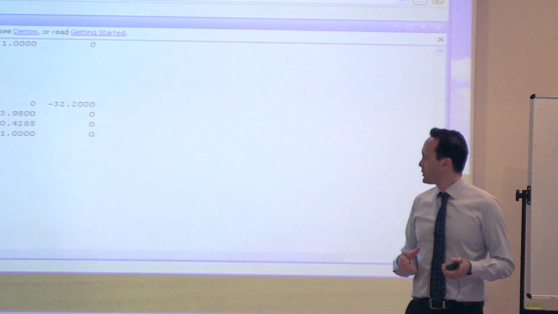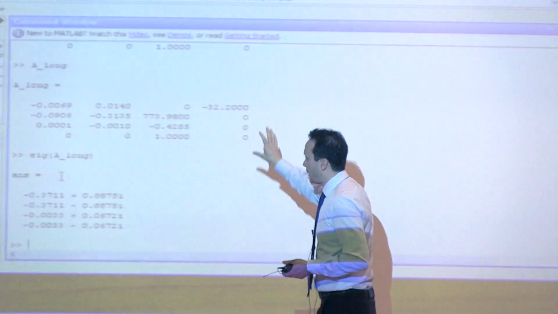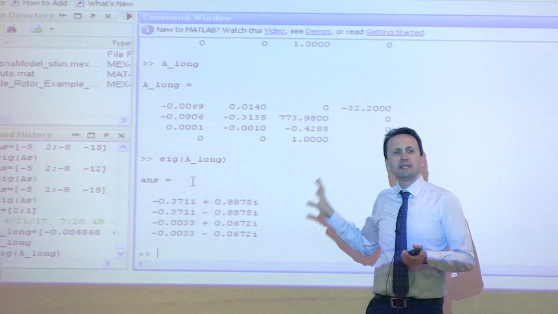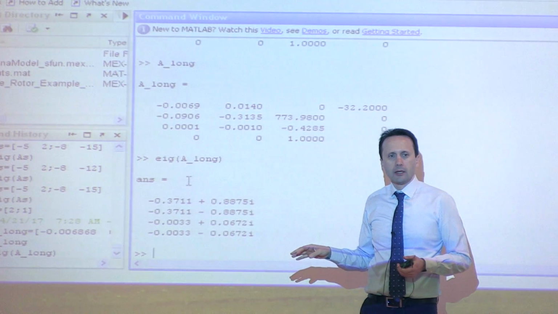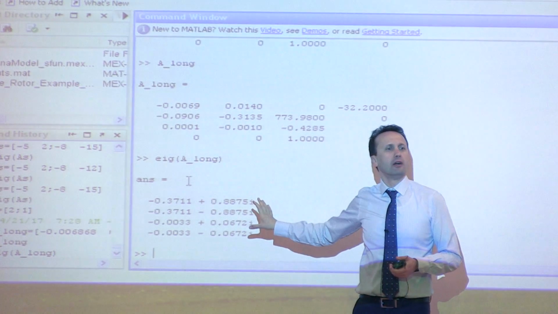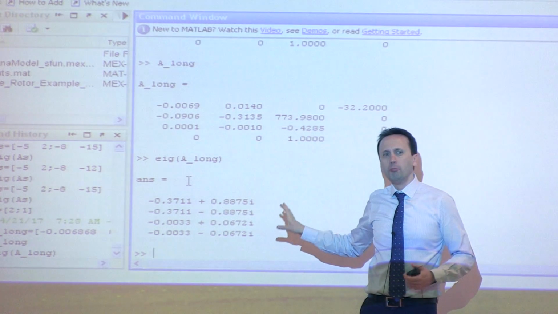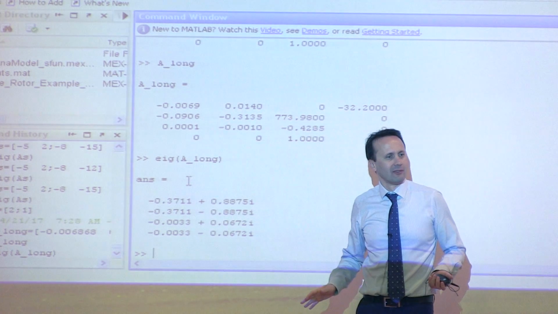But what I'm trying to say is that now we can talk about this airplane and its behavior in steady flight. What's nice about this example is that this behavior is very similar to most fixed-wing airplanes.